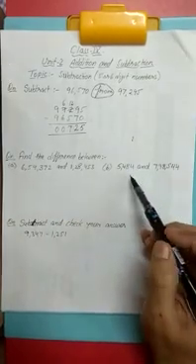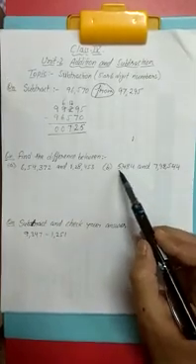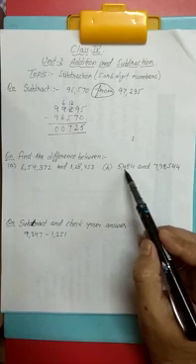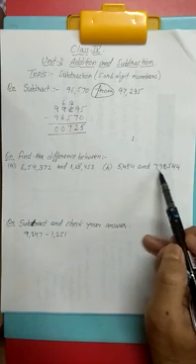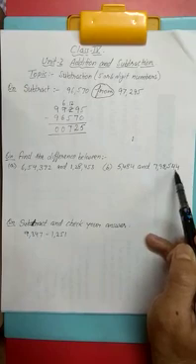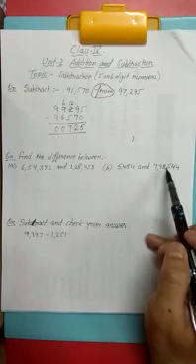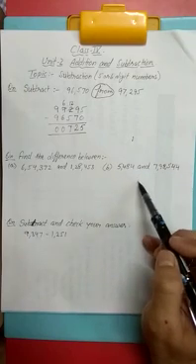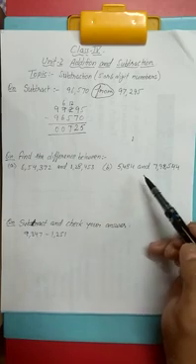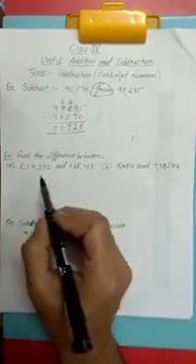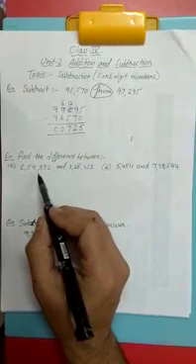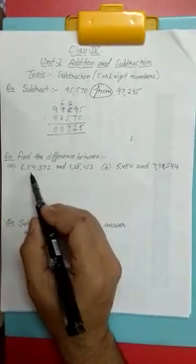And in the second example, the question is 5,484 and 7,98,544. So which one is greater? The second number is greater. So we have to write the second number on top. Let us do the question. So here the question is find the difference between. So this number is greater.